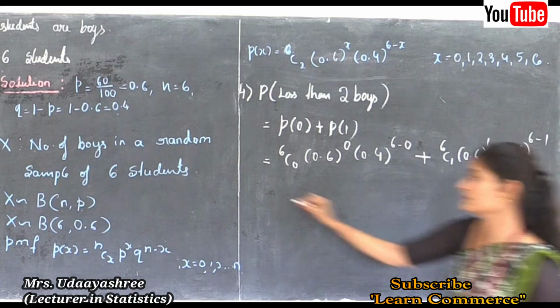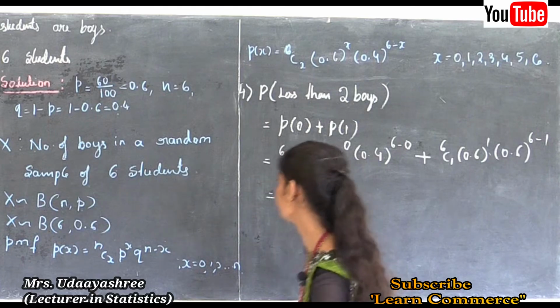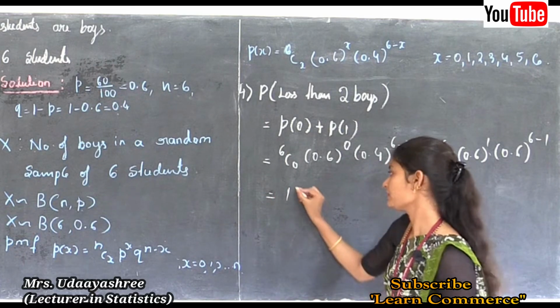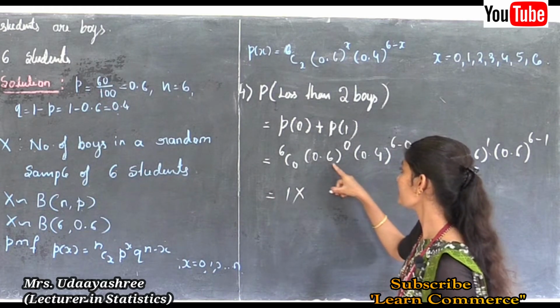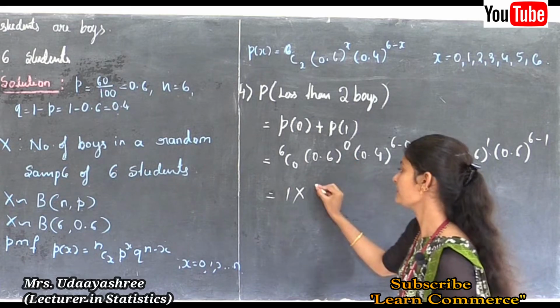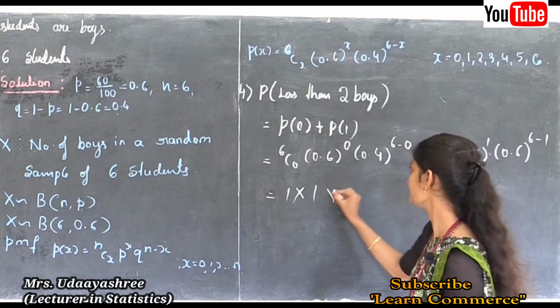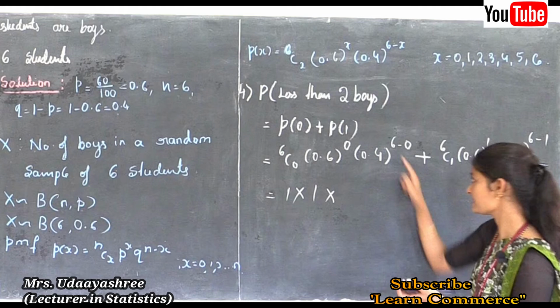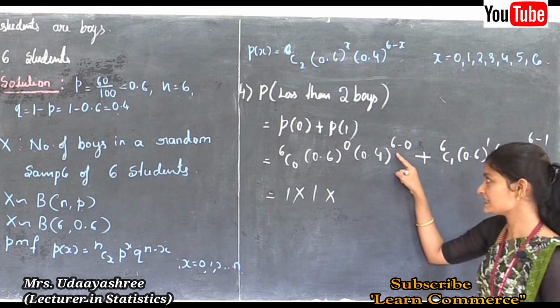Okay, now this is equal to 6C0, that is 1 into 0.6 to the power 0, that is also 1 into 0.4 to the power 6 minus 0, in the sense that is 6 only.